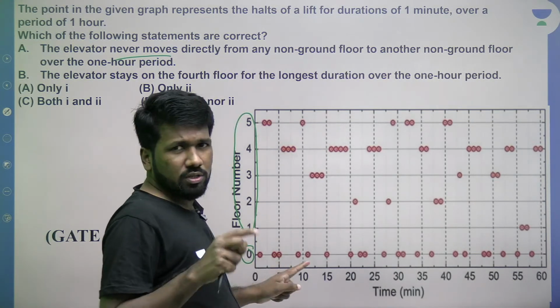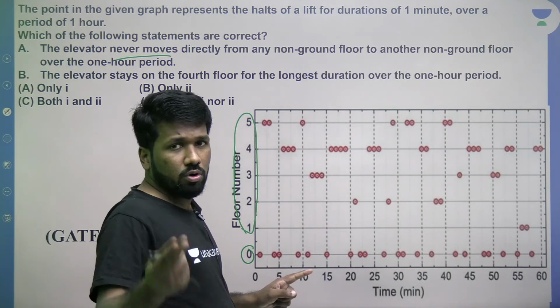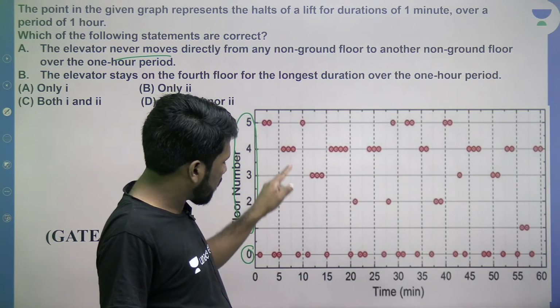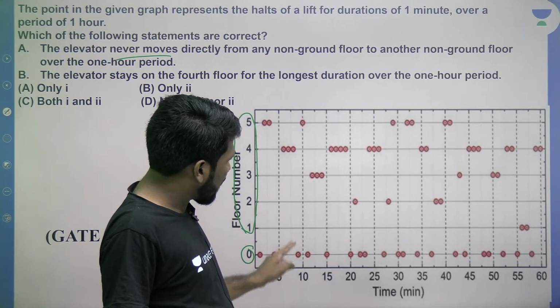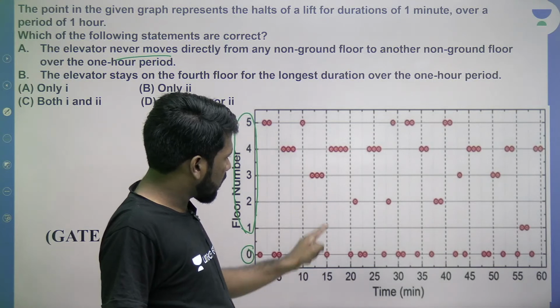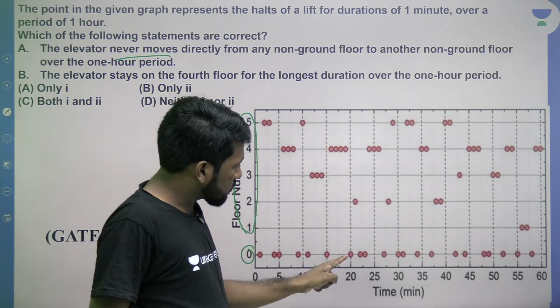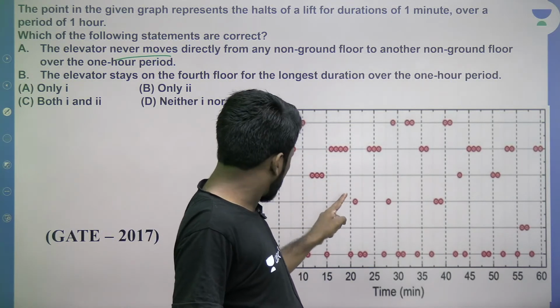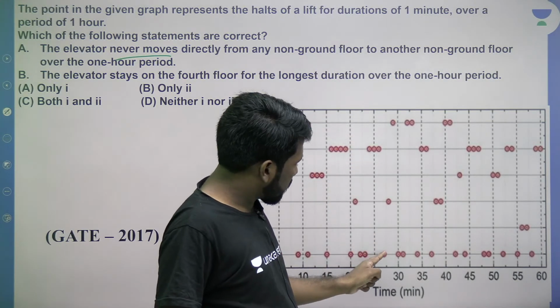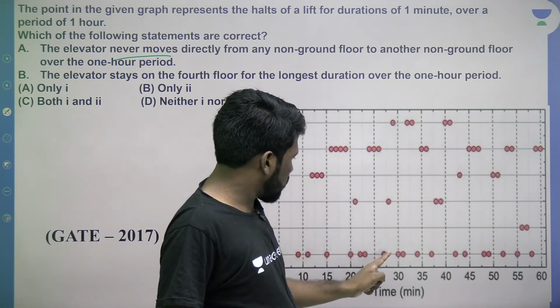So till now it is all ground to non-ground only. Here it is 0 to 4, 4, 4, again 4, and then 0 again, 5, 0 again, 3, 3, 3, 0 again, 4, 4, 4, 4, 0 again, 2, 0, 0, 4, 4, 4, 0, 2.